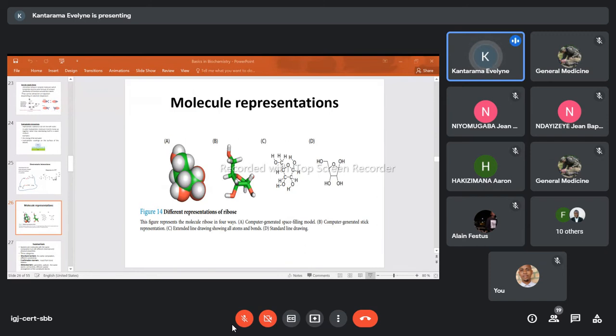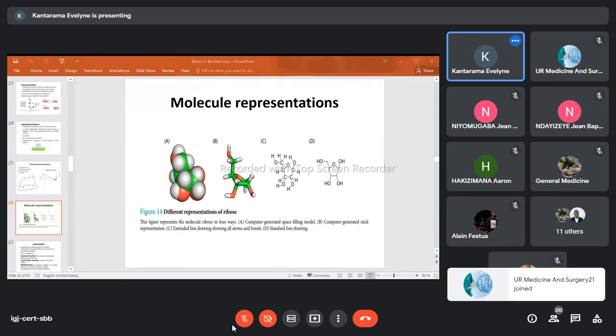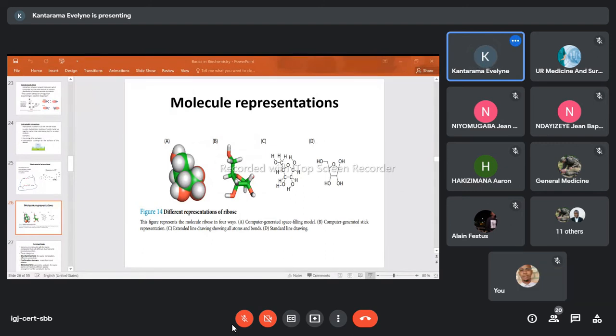A is the filling model. B is a stick model. C is an extended line representation where all bonds are drawn.